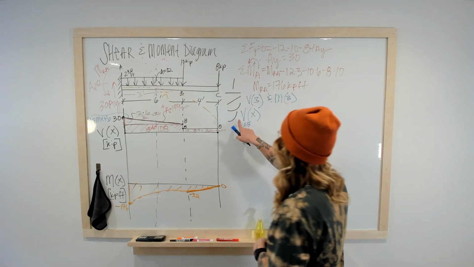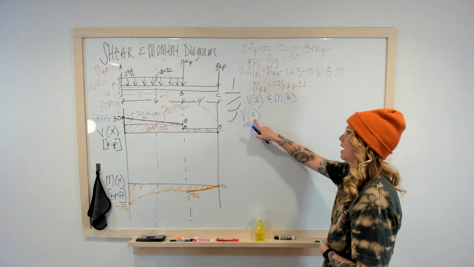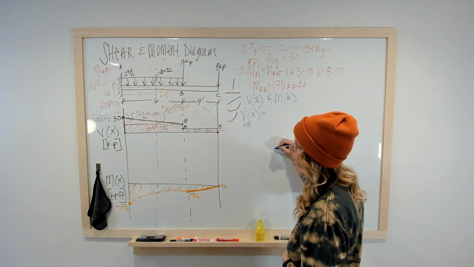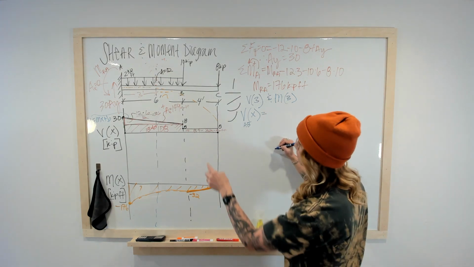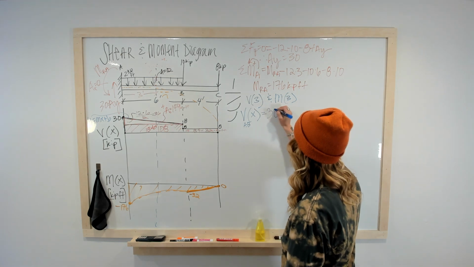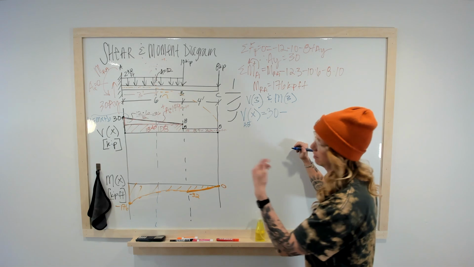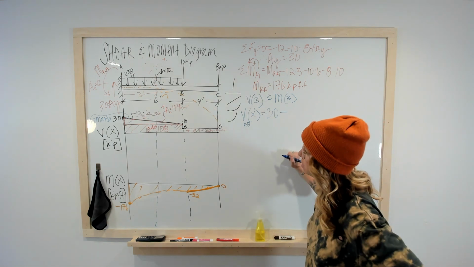Okay, so my shear with respect to x between A and B is equal to, well, my b is positive 30, so I'm going to say 30, and then minus my slope. Well, what is my slope there?